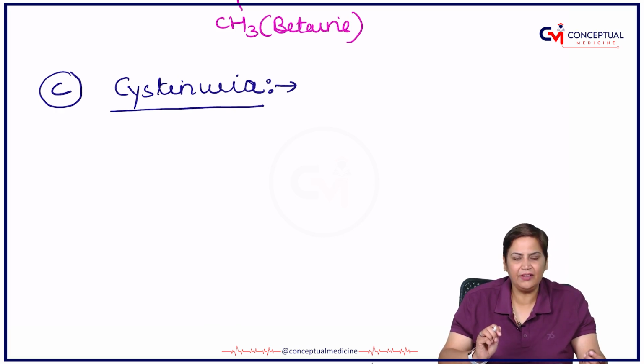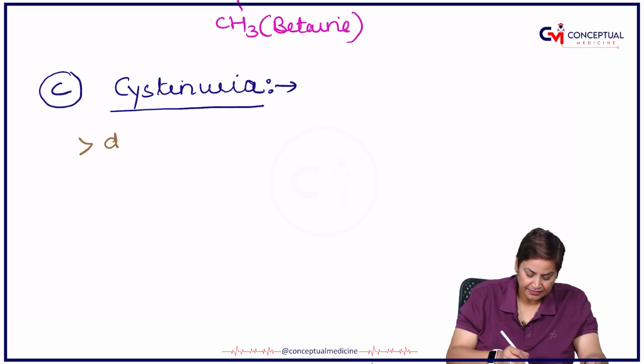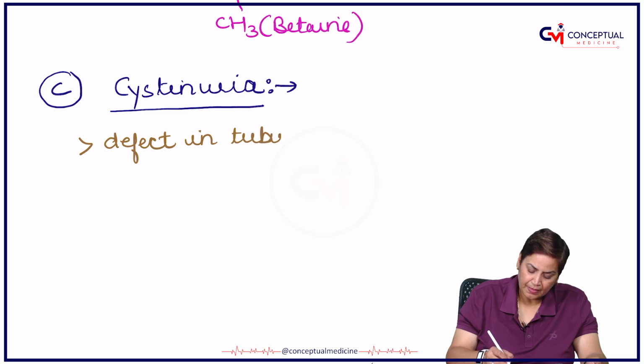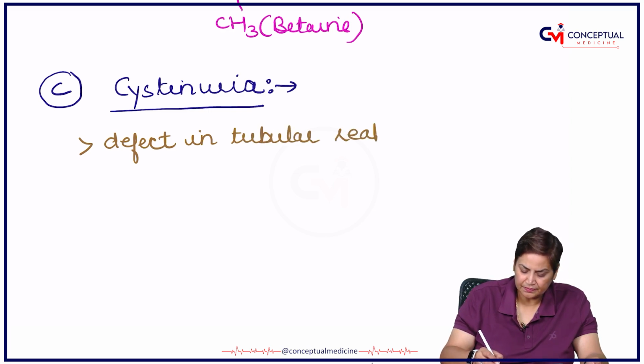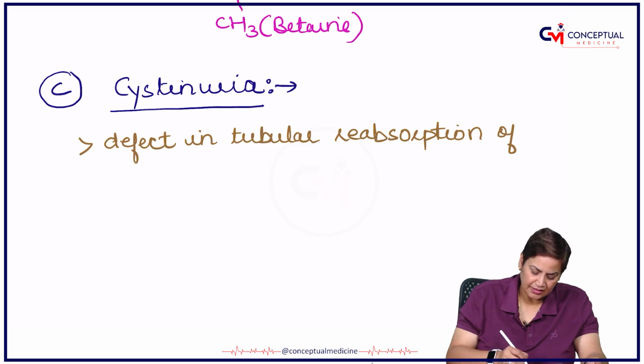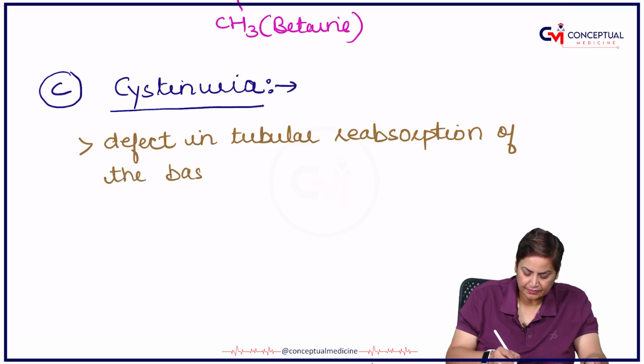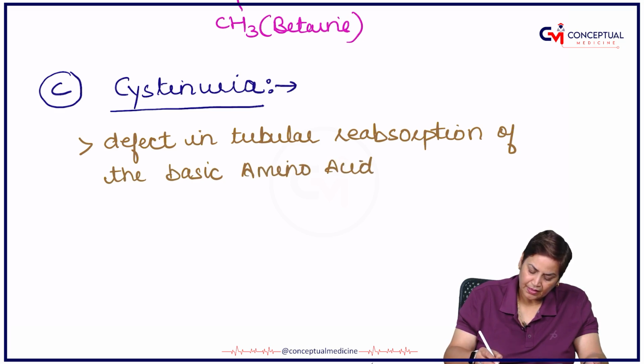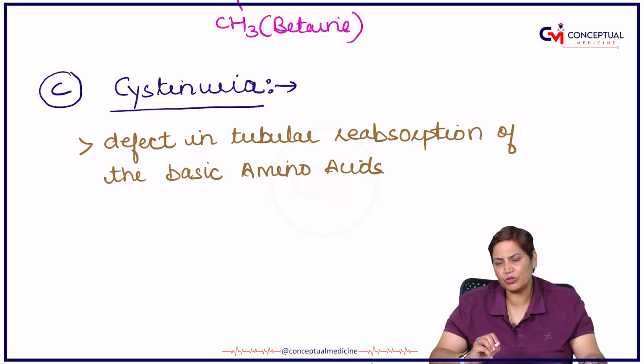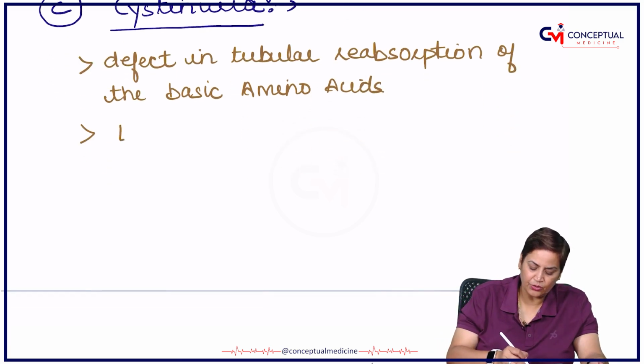Here there is defective tubular reabsorption of the basic amino acids. Right. So if there is a defect in the reabsorption of these amino acids, automatically they will not be reabsorbed and they will be excreted in urine.